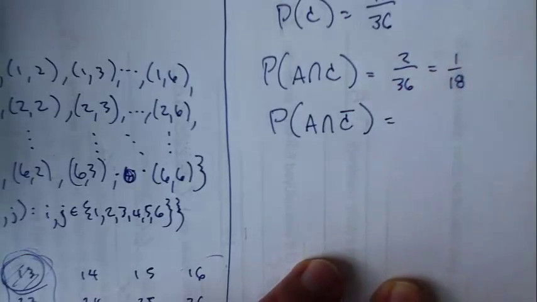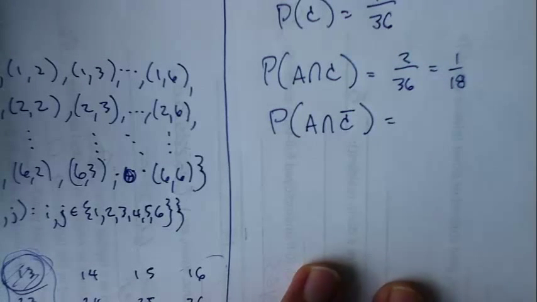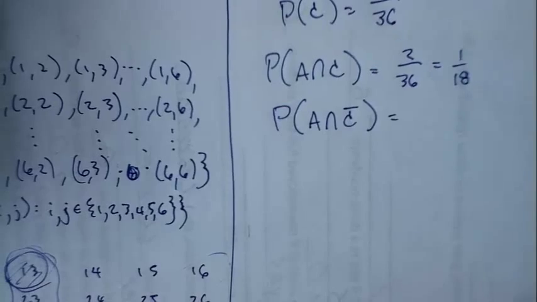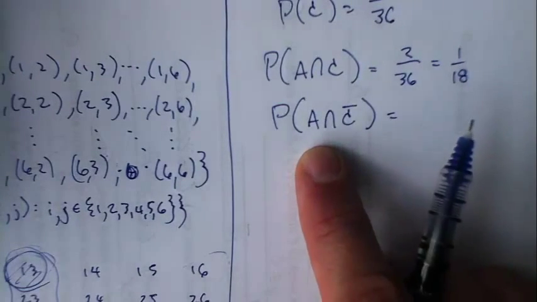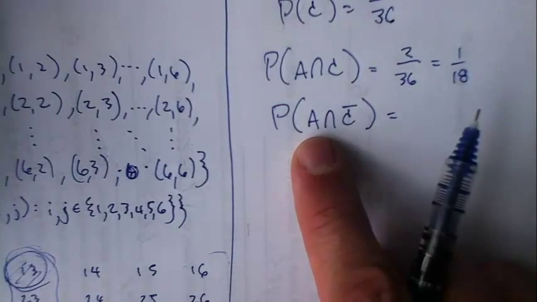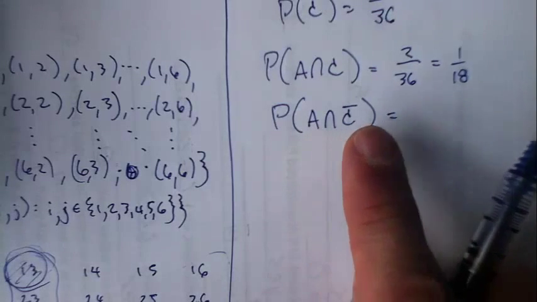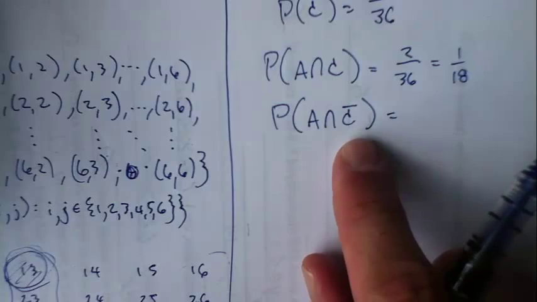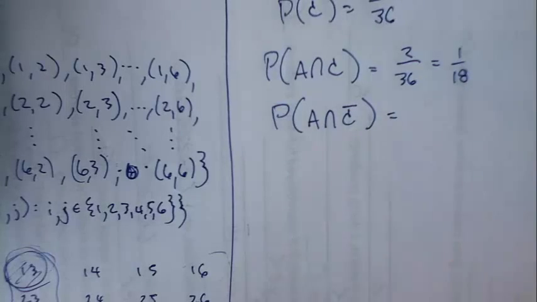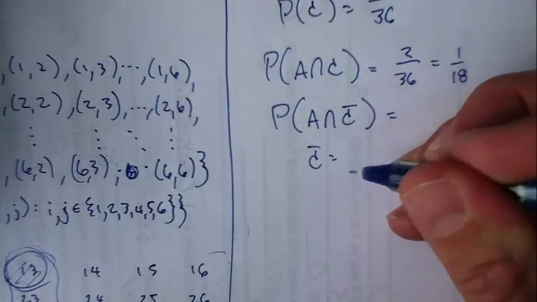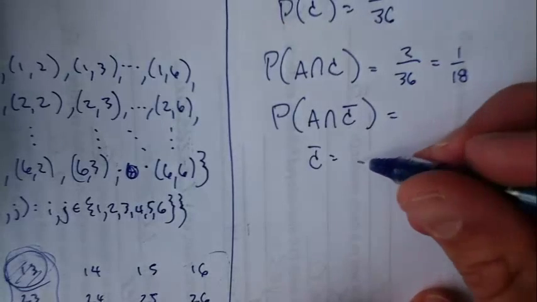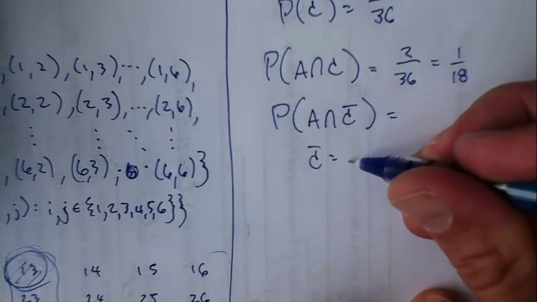What is the probability that you do this? Ooh, what is the meaning of that anyway? A and not C. A is the event that you get a sum of 4. So I want to know the chance that I get a sum of 4 and that I don't get a 3. Right? C complement is the event that you don't get a 3.